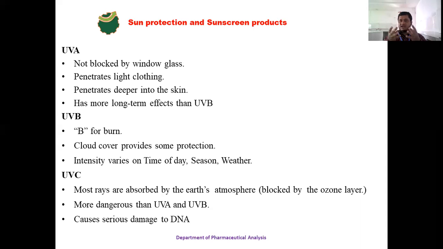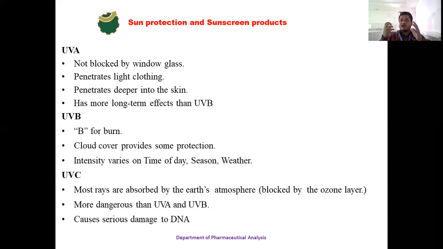Whenever you screen that, something will be allowed and something will be retained. The sunscreen product also works in that way, which we'll discuss in the next slide about the mechanism. So it can screen or filter those UV rays.